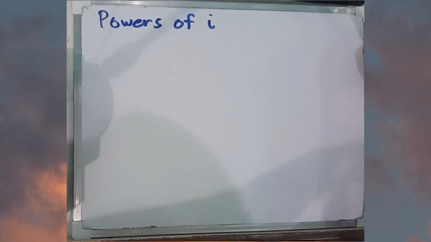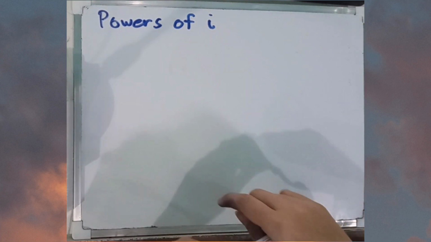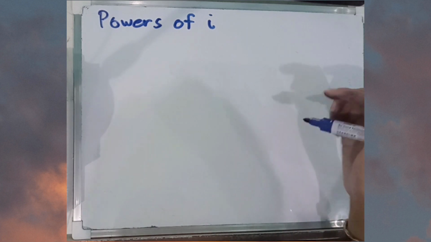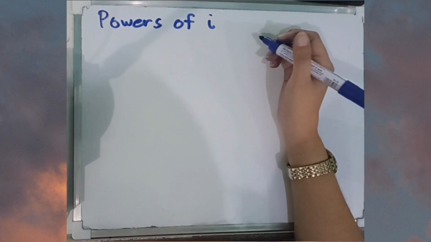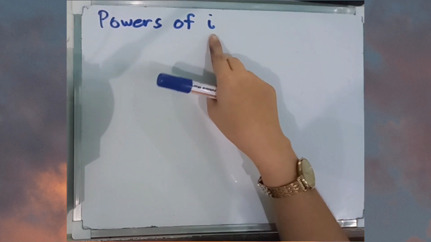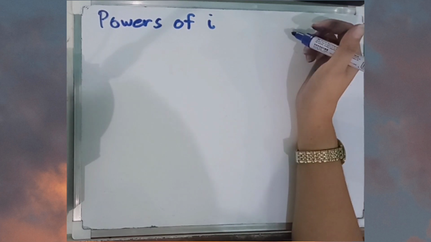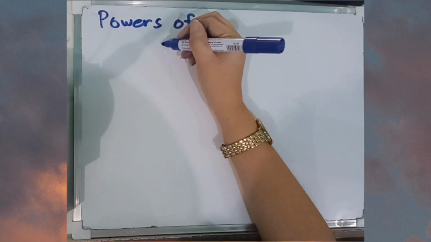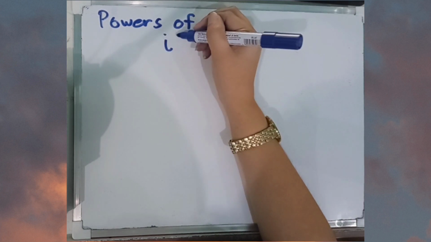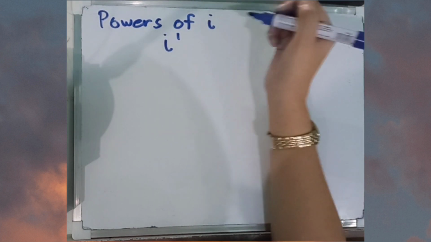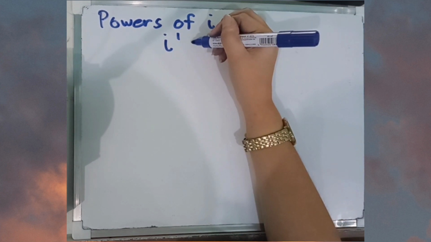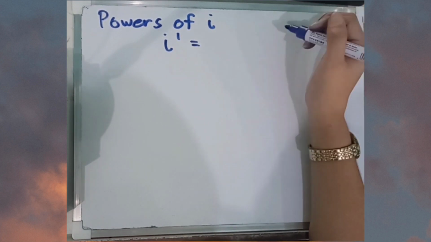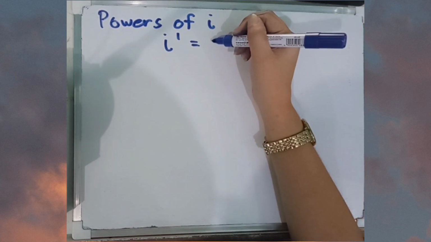Lastly, let's talk about powers of i. So let's take a look at what will happen if we raise the number i to different powers or different exponents. So if we have i raised to 1 or simply i, we know that that's simply i, right?